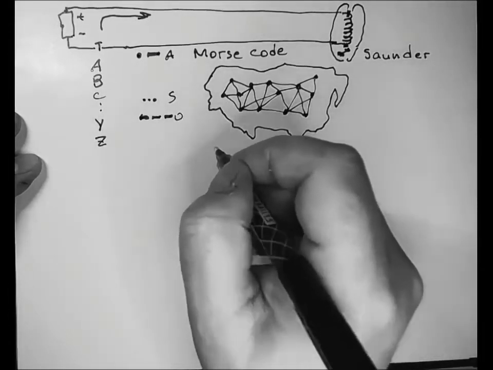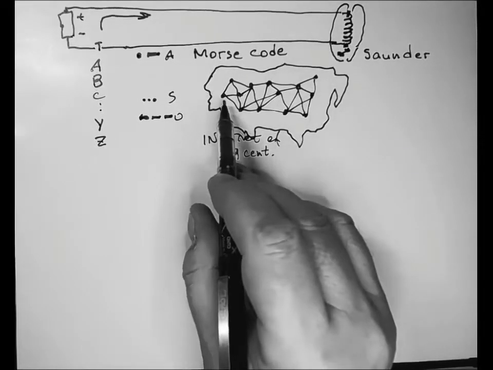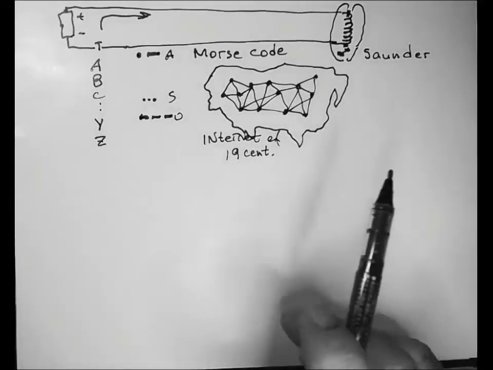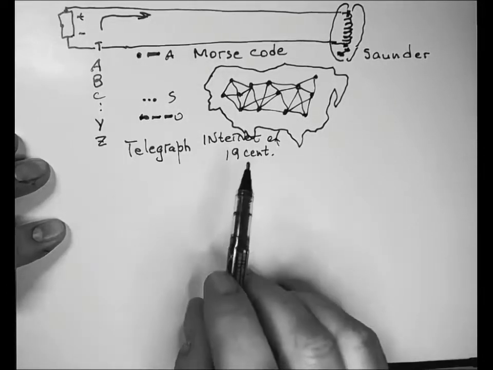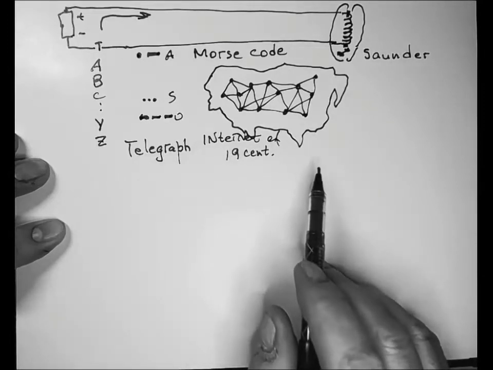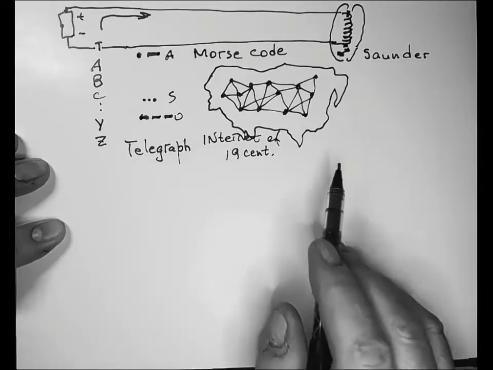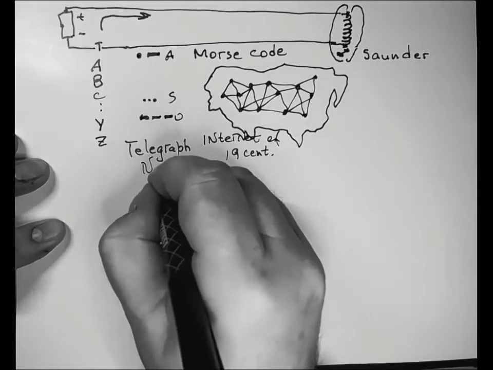They were even named the Internet of the 19th century. This apparatus, the Morse telegraph, was actually everywhere: in banks, in the stock market, even in a doctor's office. So it was like a network, a telegraph network.